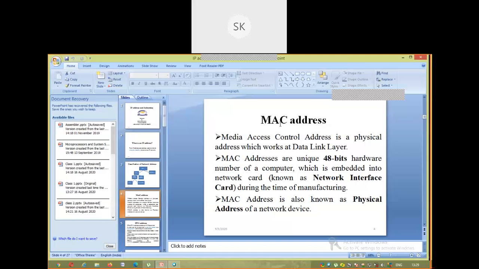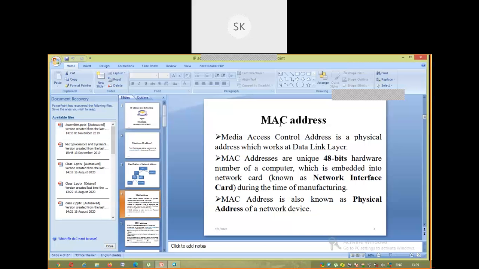Network interface cards have a MAC address which is written as a hexadecimal number of 48 bits. That means the length of a MAC address is 48 bits.